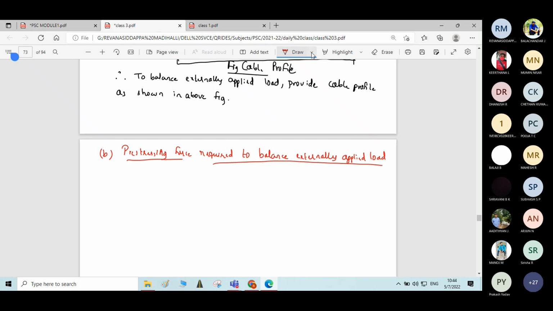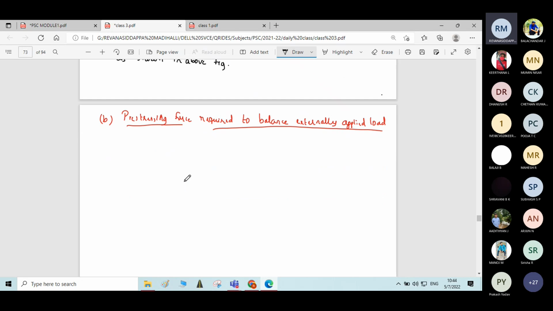Now what we do is calculate moment due to pre-stressing force and moment due to external force, external bending moment.